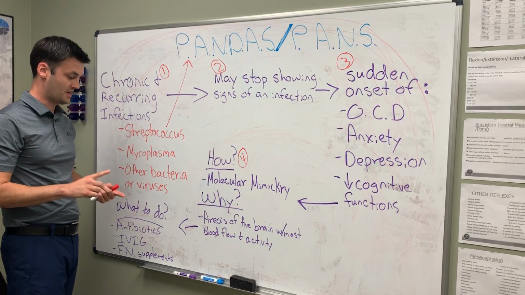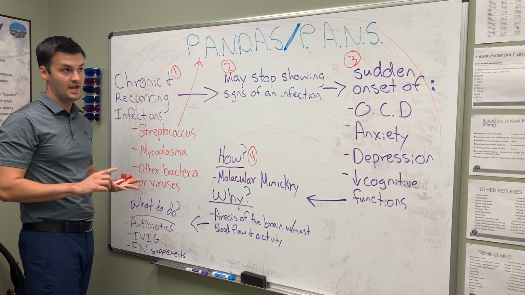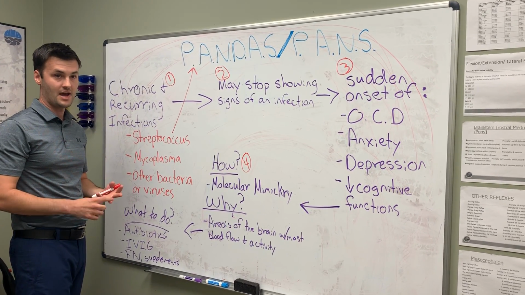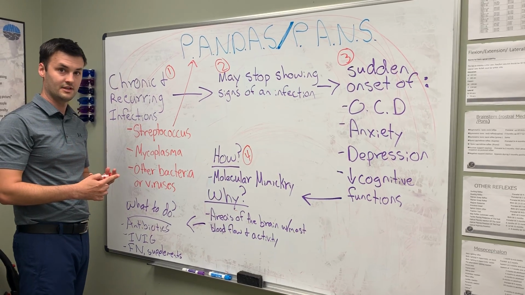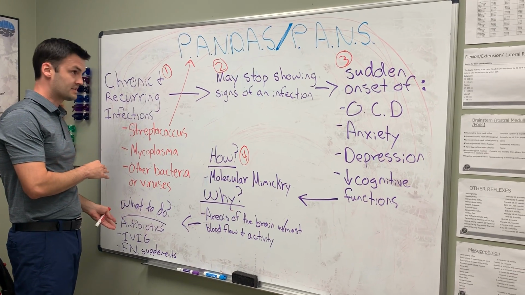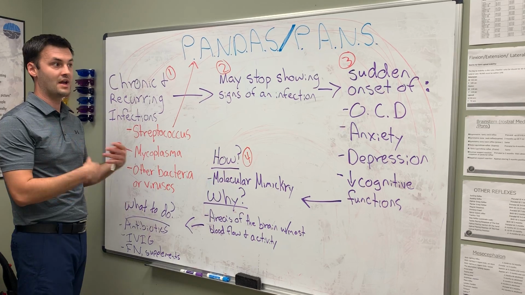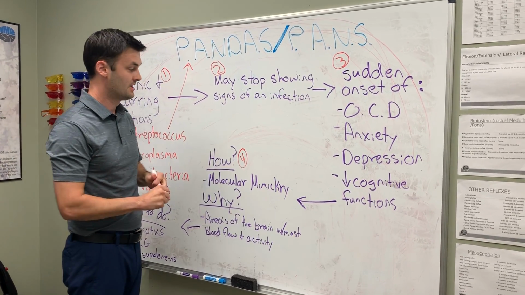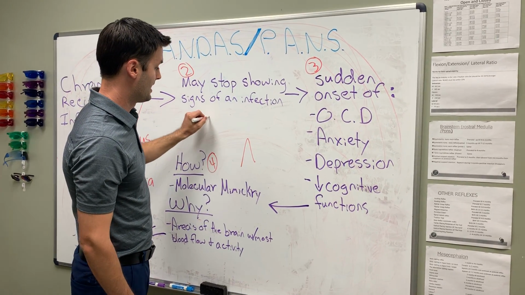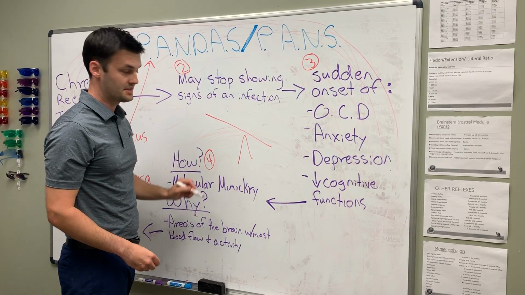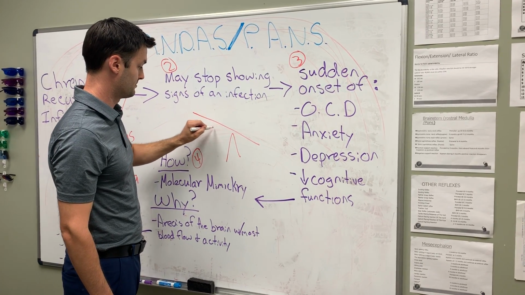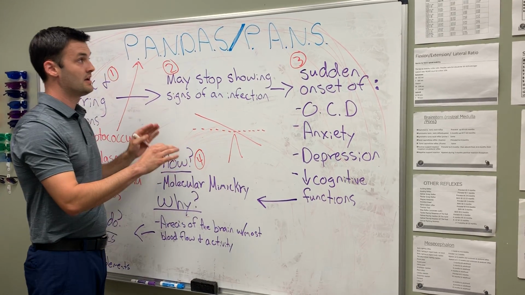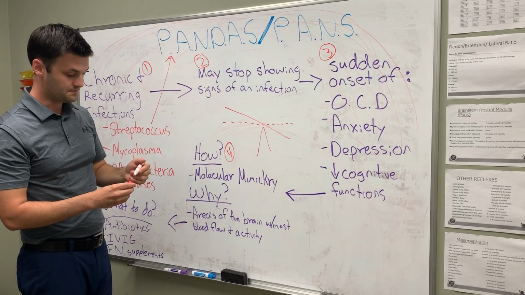For the other treatments such as antibiotics and IVIG, and in very bad situations where they have to use things like rituximab and other actual chemotherapy agents, we can still apply natural remedies to help balance out the immune system, because this is essentially an immune system that's gone haywire. It's like a teeter-totter, and that teeter-totter is not balanced. Certain supplements and certain brain activity exercises can help balance out that teeter-totter for the long run.